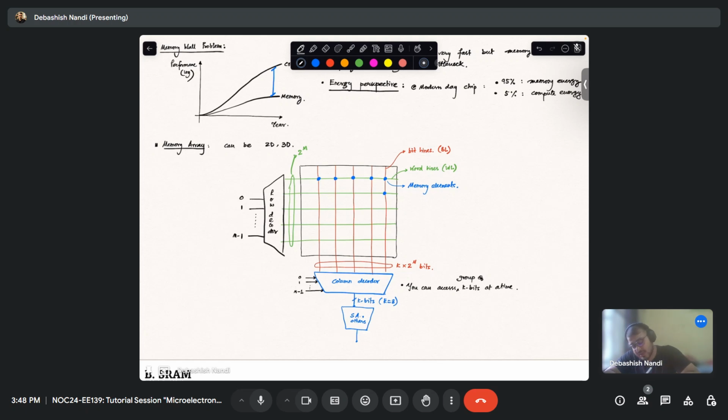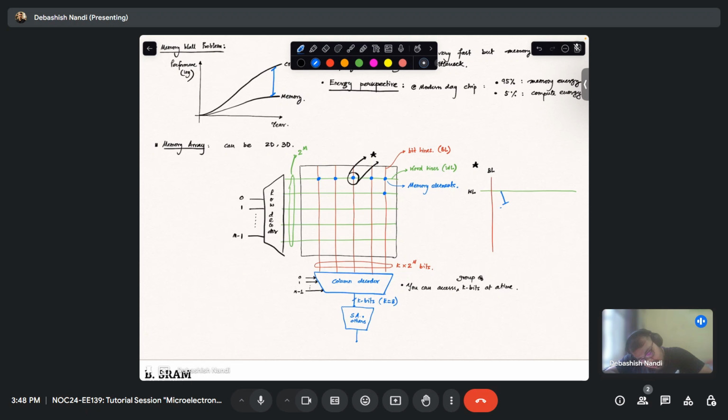So now, how does this look in the real scenario? For example, this is your word line, this is your bit line, okay. Let's say we want to see this location. So let me use proper color coding. This is your word line, and this is your bit line. How will the device sit?